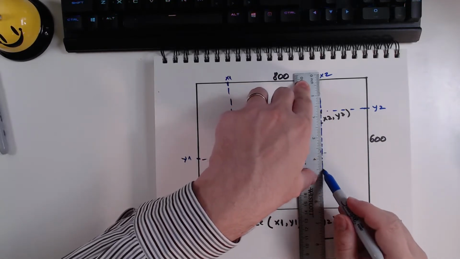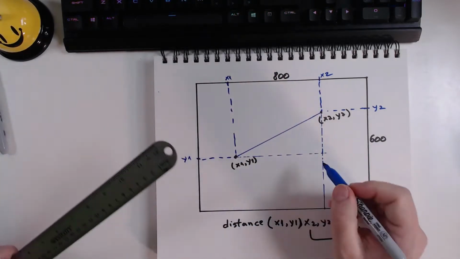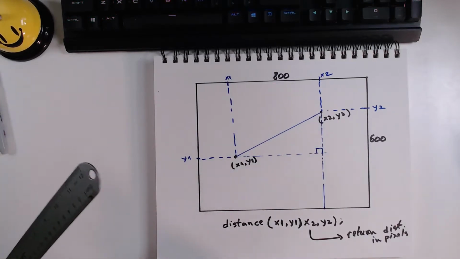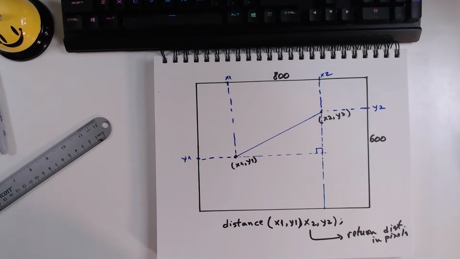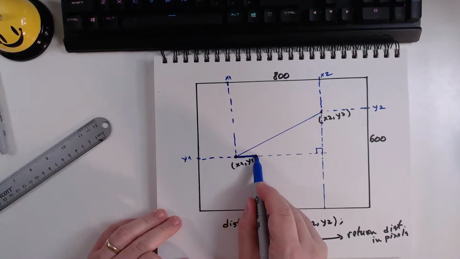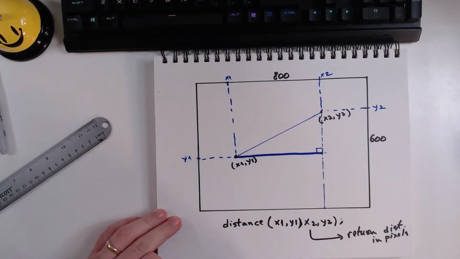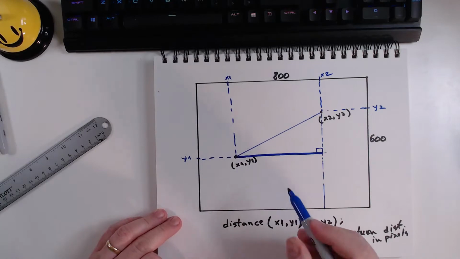If we go x2 till the end, it doesn't matter. Here we should have a 90-degree angle, right? And right now we know the following about this one. Well, we know this distance for sure, because this distance is x2 minus x1.